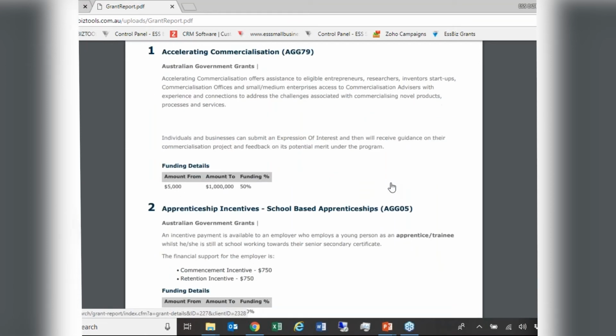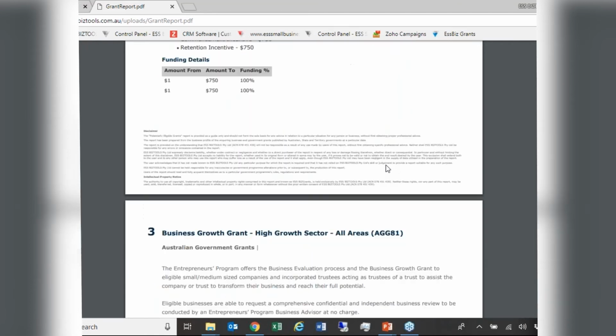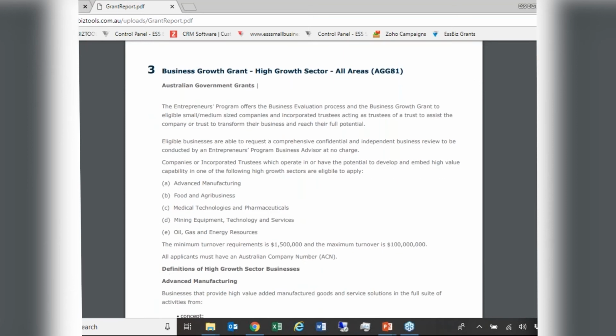But just have a look at the rest of the report. This particular client, who's in the steel fabrication industry, has been identified as being potentially eligible, potentially able to apply for an apprenticeship incentive, skill-based apprenticeships. The business could also be potentially eligible for the Business Growth Grant.